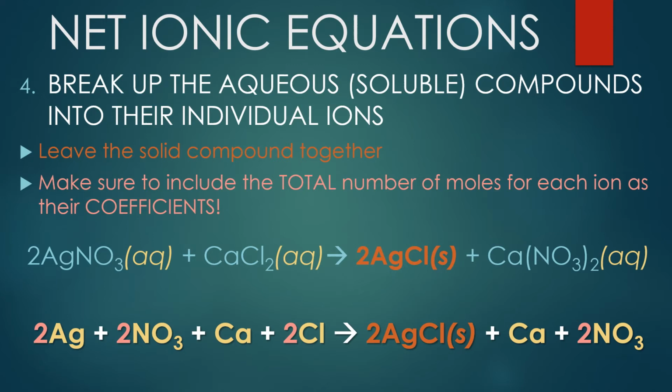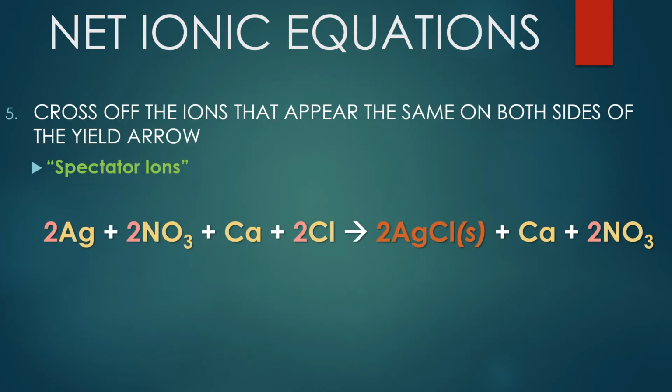Now the next thing that we do is we cross out. If you notice, these ions repeat themselves on the other side of the yield arrow, or at least a couple of these ions do. At the product end of the yield arrow, we have calcium as one of these ions, and we have two nitrates as ions over here.